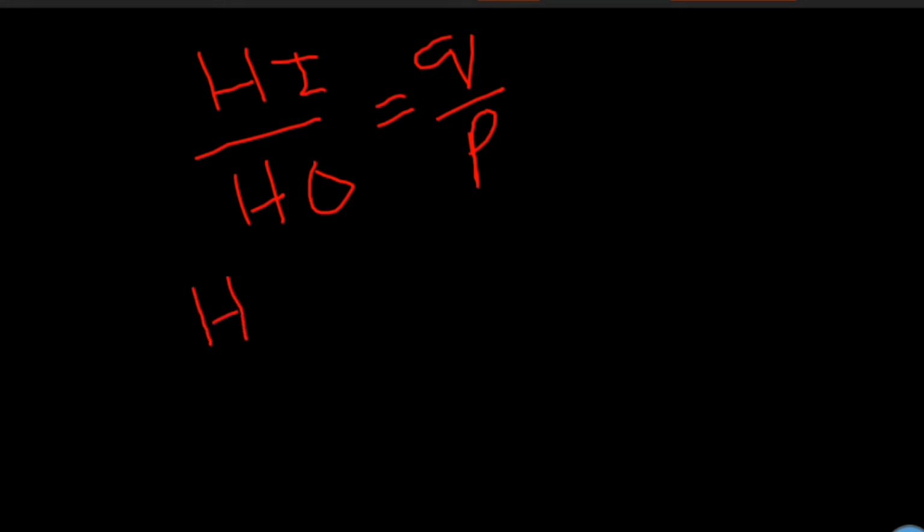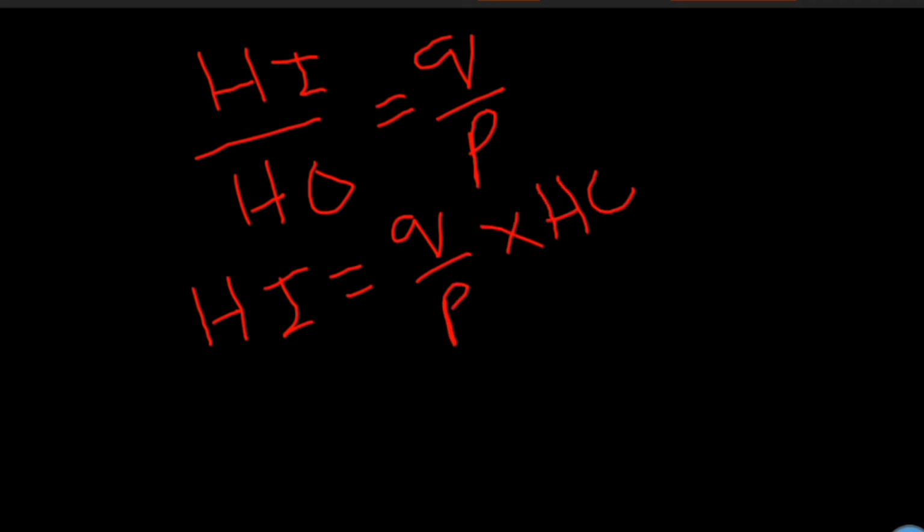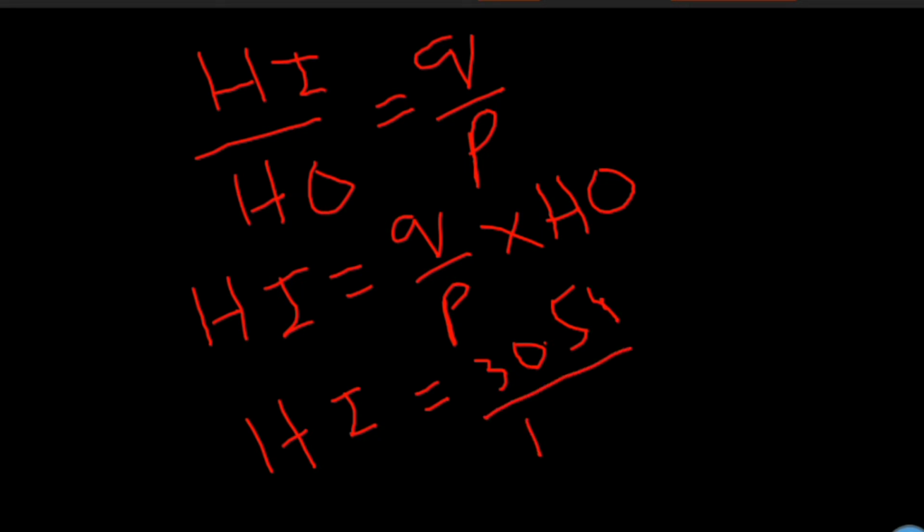So HI is equal to q upon p multiplied by HO. Okay, so HI is equal to, what is the value of q? 30.54, divided by 10.5, multiplied by HO. What is the value of HO? 30.